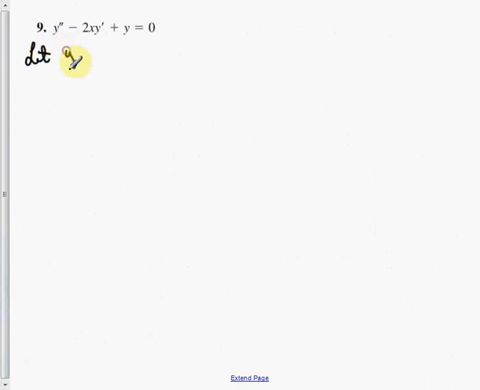So we let y equal to the summation as n goes from 0 to infinity of c sub n times x minus, I'm going to put the whole thing in here for right now, x minus x sub naught to the n.